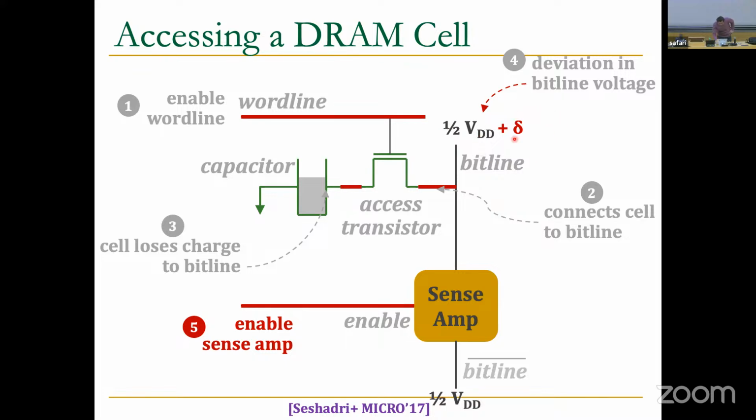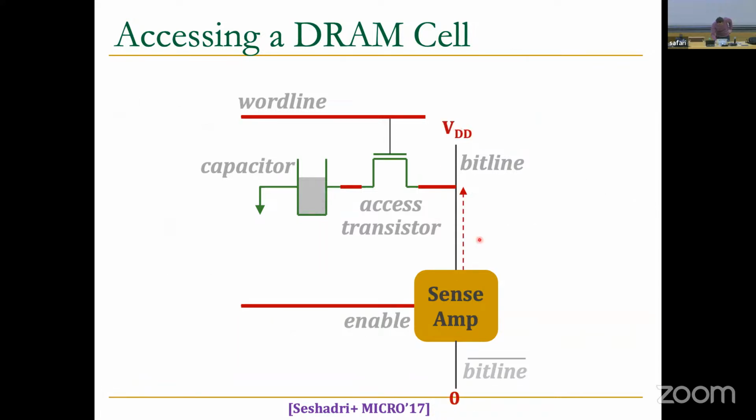So the direction of, let's say, charge or voltage will go in this direction. So you will set bit line to VDD, and then bit line bar will be 0, but that's not important for our example. Now you can also see that the word line is still enabled. So the capacitor is already connected to the bit line, but bit line has a voltage level of VDD.